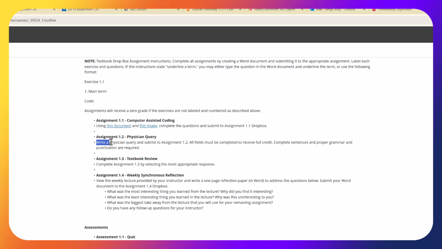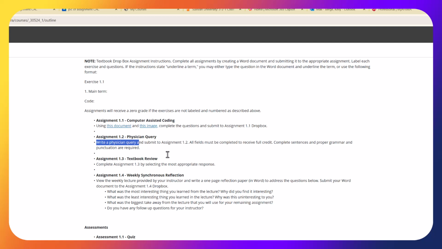Then you are going to write in a Word document a physician query. Physician queries are discussed in chapter 1, and you need to have a query that would be similar to what you would actually submit to a physician in the real world.